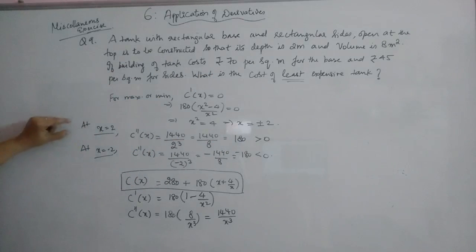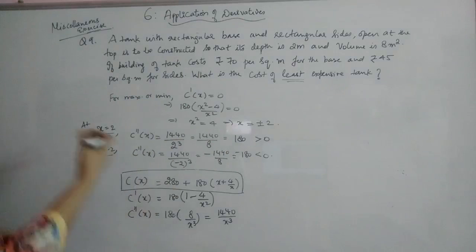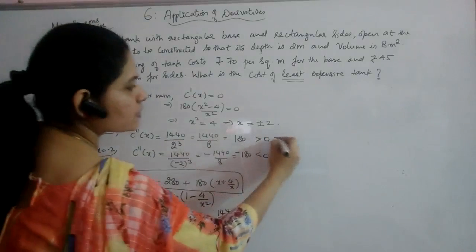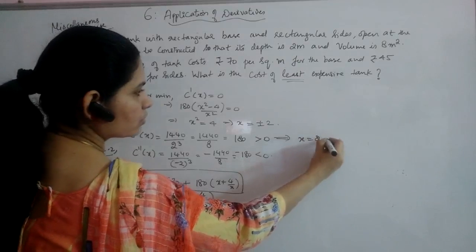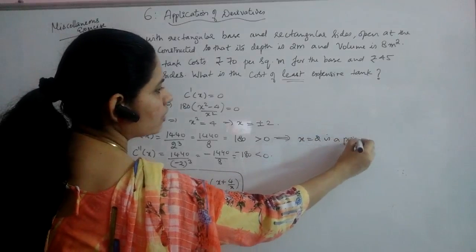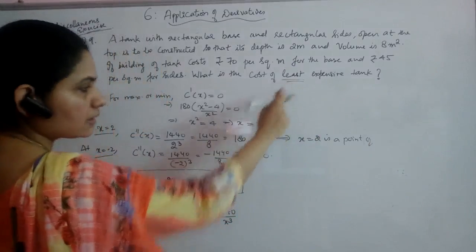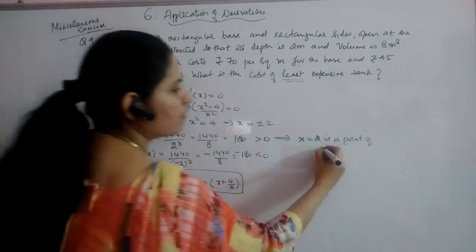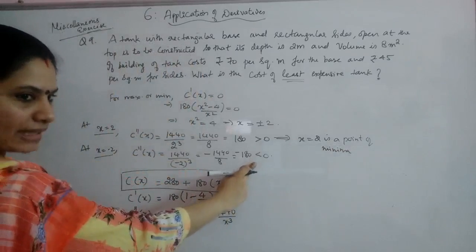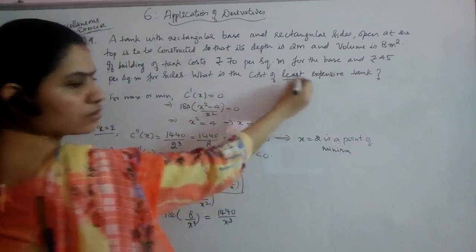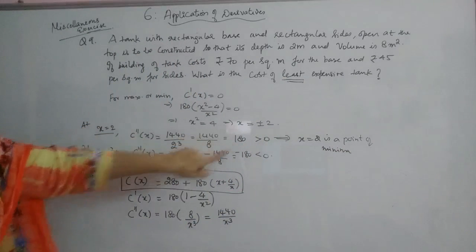Anyway, since it is giving you the cost, it should have that positivity, right? So x equal to 2 is greater than 0, so it is a point of minima. Here it is a point of maxima, and we need the least cost. For that we are choosing only this one, right?